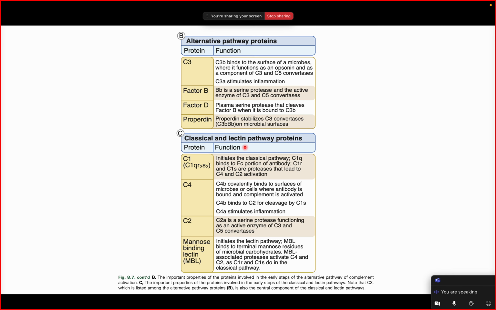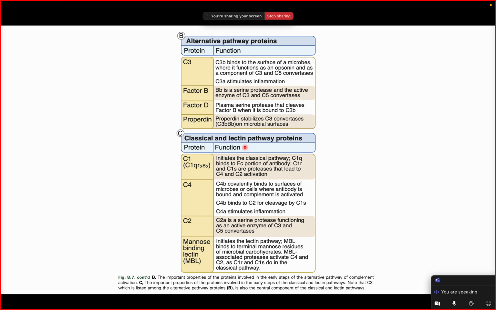C1r and C1s are proteases that lead to C4 and C2 activation. C4b covalently binds to the surface of microbes or cells where antibody is bound and complement is activated. C4b binds to C2 for cleavage by C1s.